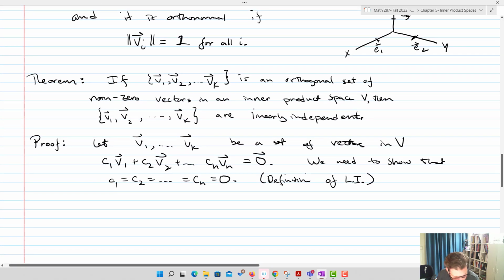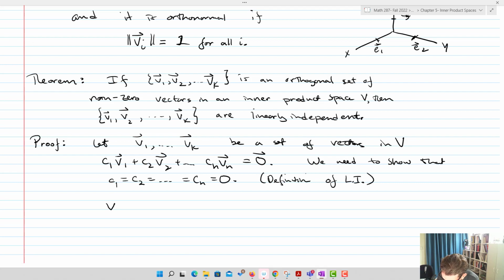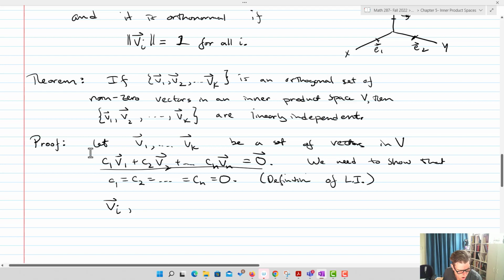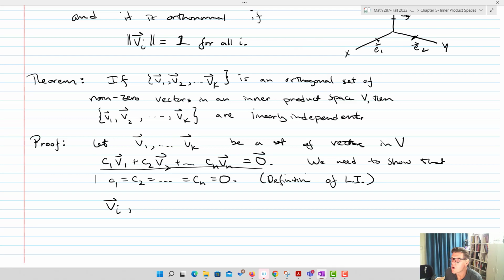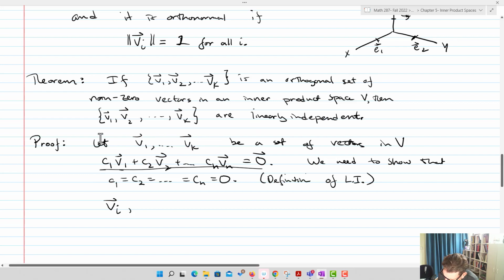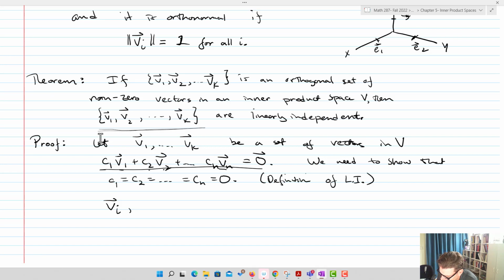So now I'm going to pick a vector, vi, and dot it with this vector right here. This vector, c1v1 plus c2v2 plus ... cnvn, is inside whatever vector space is defined by our set v1 through vk, and that's important.